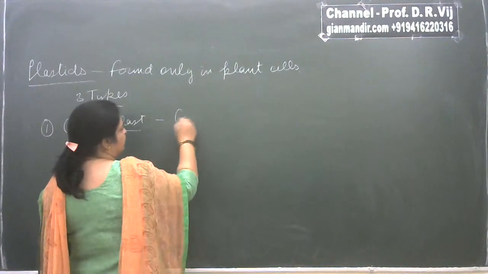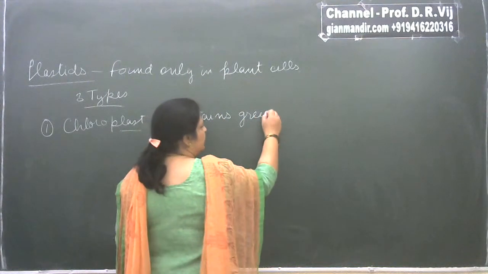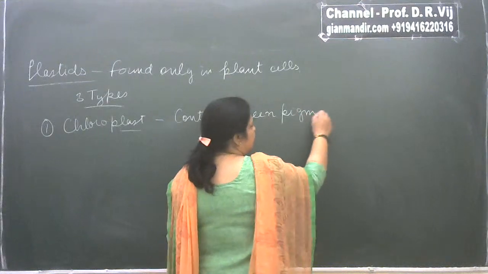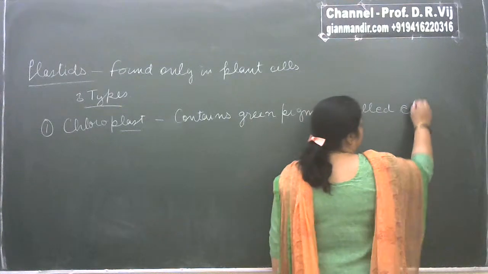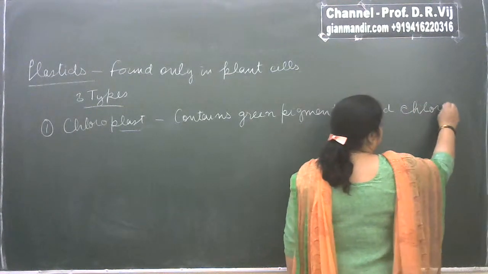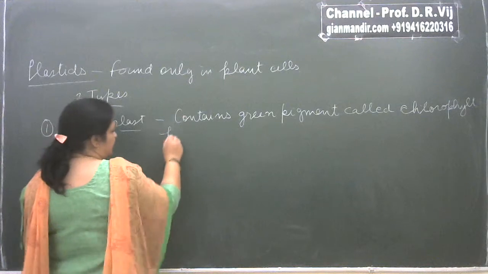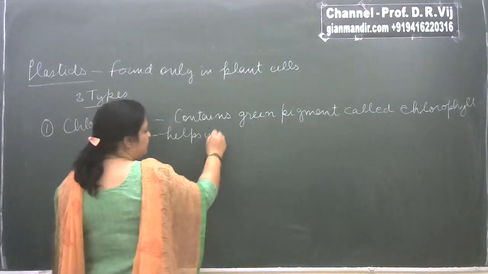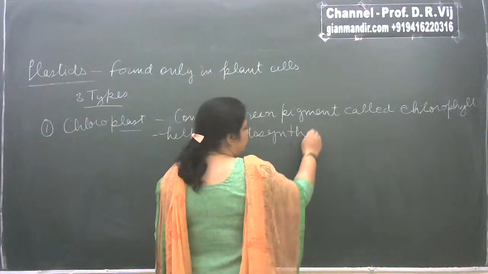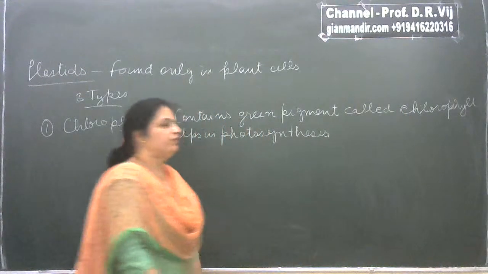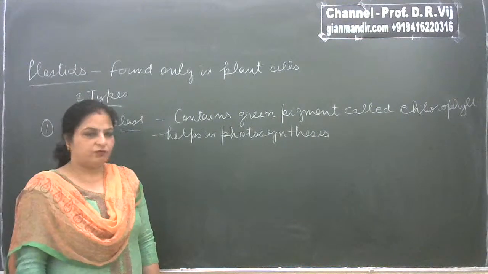So chloroplast is the plastid which contains the green pigment called chlorophyll, and this chlorophyll helps in photosynthesis so that plants can prepare their own food with the help of raw materials like carbon dioxide and water in presence of sunlight and chlorophyll, right?